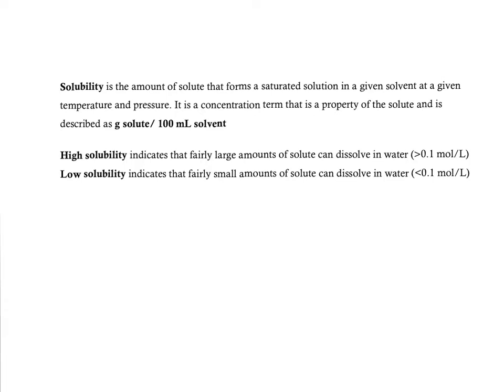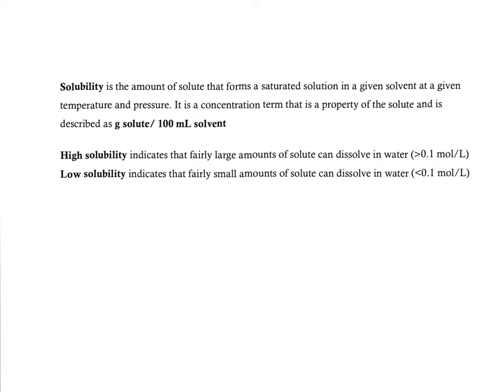It's a concentration term that is a property of the solute, so that means different substances have different solubility, and it's described as grams of solute per 100 mL of solvent. And most of the time, the 100 milliliters is water. So it's how many grams of solute you can dissolve in 100 milliliters of water.